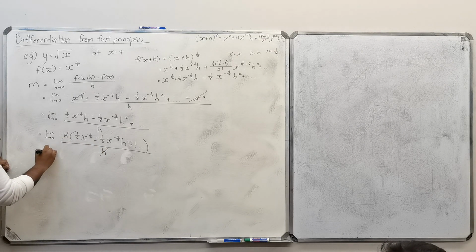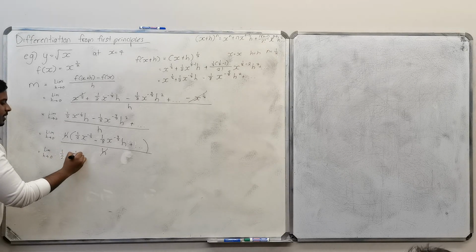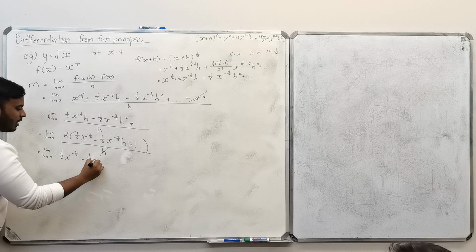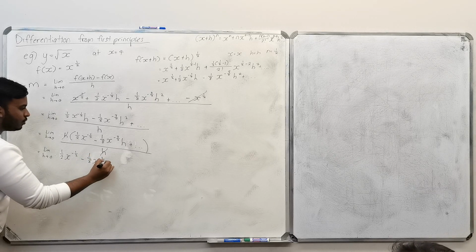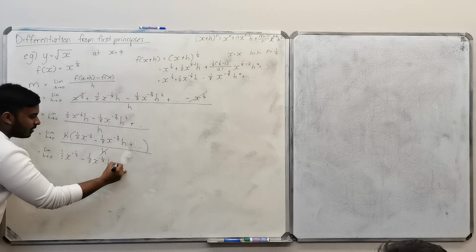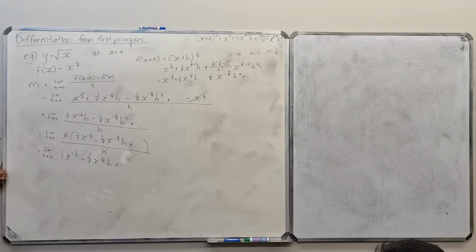You're left with the limit as h approaches 0 of half x to the power minus half minus 1 over 8 x to the power minus 3 over 2 h, plus whatever other powers. Now I can introduce the limit as h approaches 0.